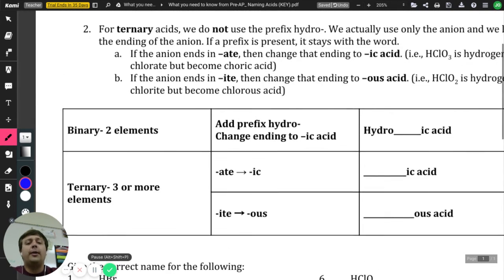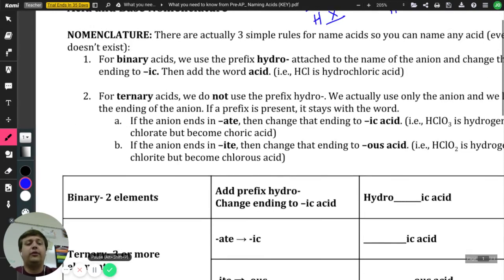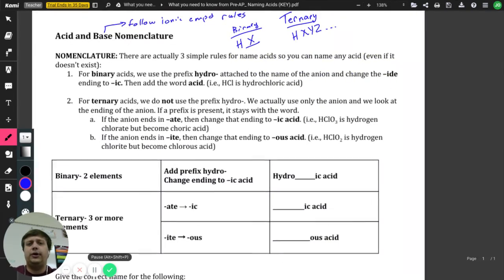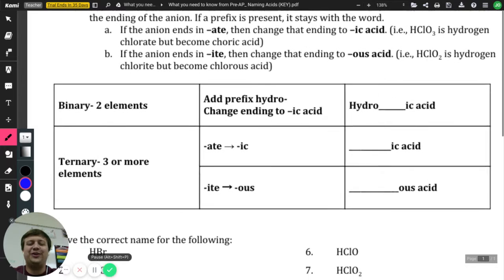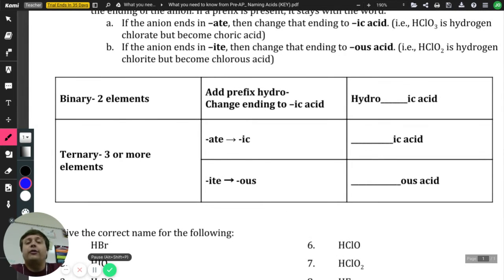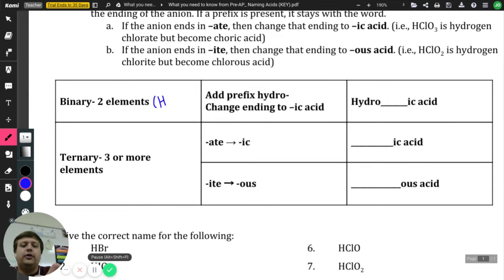I'm actually going to look at this table instead of all these words, because I feel like me reading it to you isn't the best way for you to learn this. If I'm talking about a binary acid, it's an acid with two elements, one of which has to be hydrogen, the other some other element.